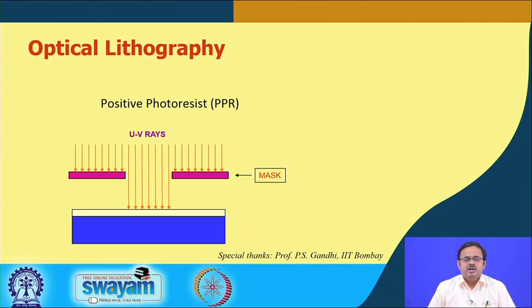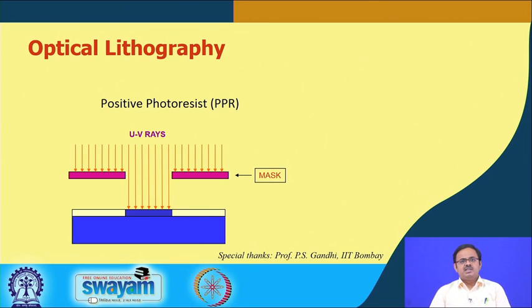Next, when we shine UV rays through, then what happens? The UV rays are going to go through the cutout and therefore fall on the photoresist. Okay. But the portions where it is covered with this mask are not exposed to the UV light.